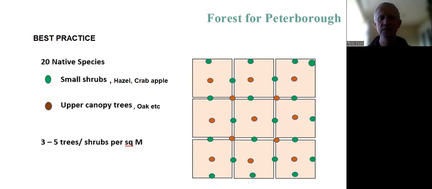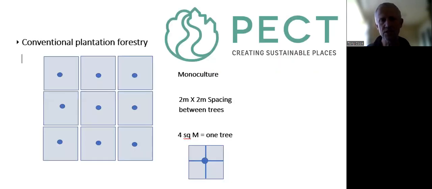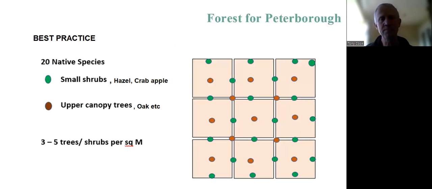And so they're denoted in this image by the brown dots. If you imagine the slide before it, the distances between the blue dots, which are representative of the trees, are 2-meter spacings. Well, the same exists for this image with the brown dots. So they're still at 2 meter spacings.